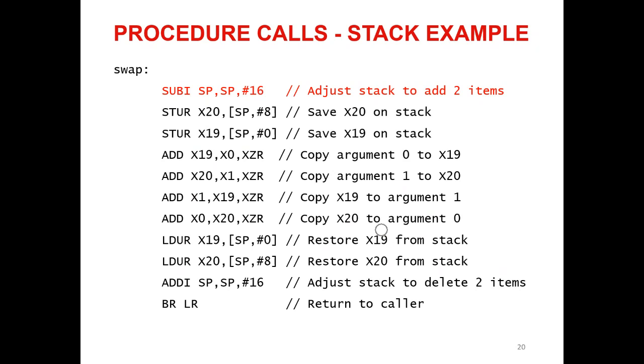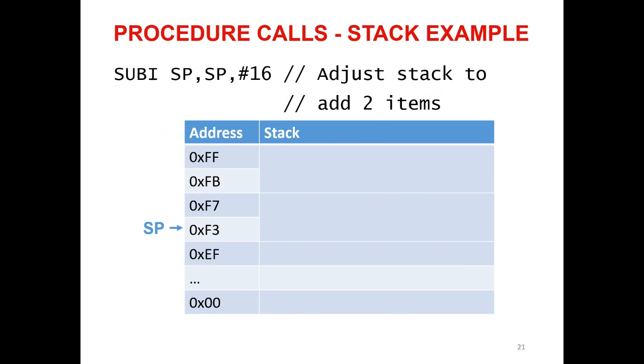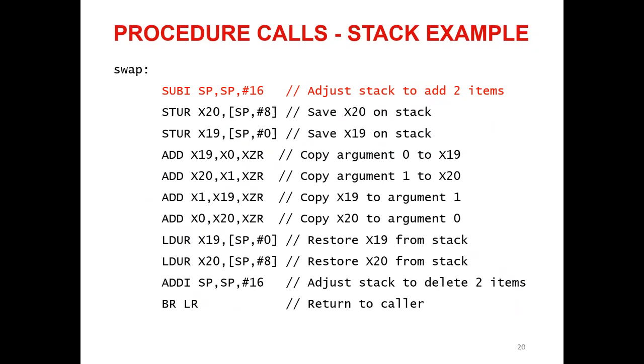But if you only call one procedure and there are no nested procedures, the link register will be the same until you return. Okay, that's the purpose of the link register, storing that address until you are done in the procedure. So let's continue with the example.